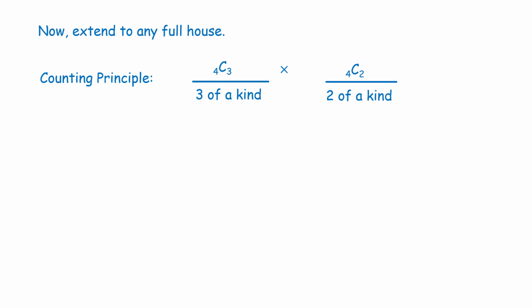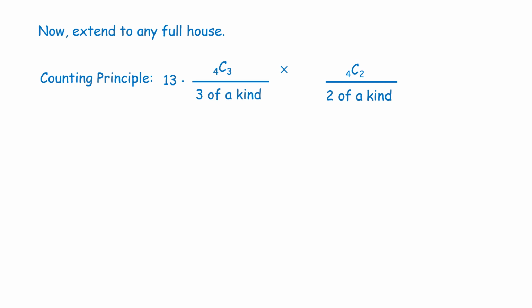However, you can get a 3 of a kind by having 3 aces, 3 twos, 3 threes, 3 fours, 3 fives, and so on, all the way to 3 jacks, 3 kings, 3 queens. That is, you have 13 possible different ways to get a 3 of a kind.